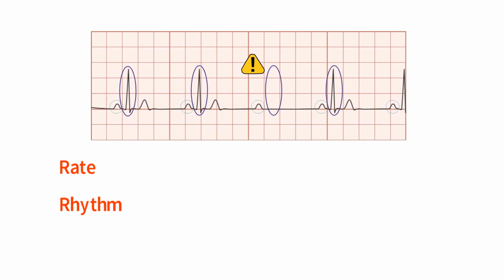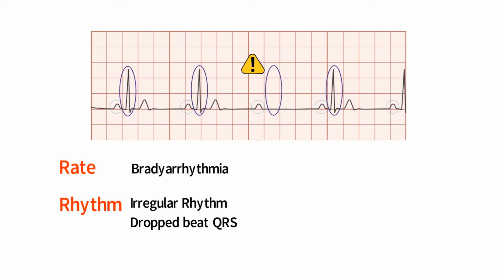That's an important finding. So we checked rate, and we found that this patient is maybe having a bradyarrhythmia. Also, we checked rhythm. We found that the patient is having an irregular rhythm. And another thing in the rhythm is that there is no QRS in some waves. There is a dropped beat or dropped QRS.